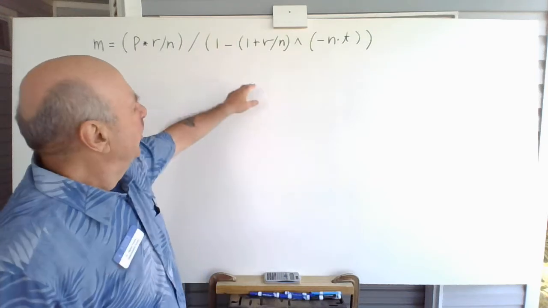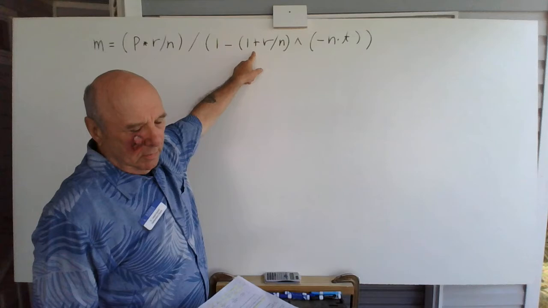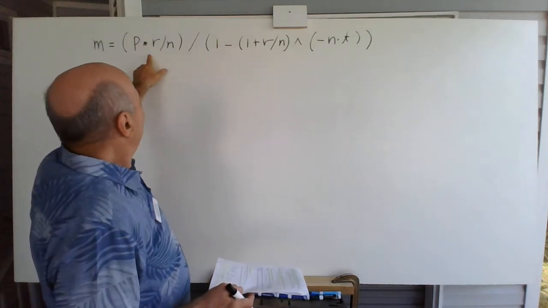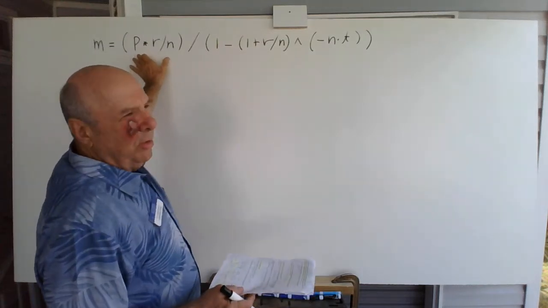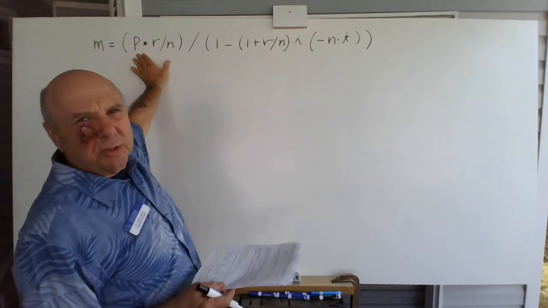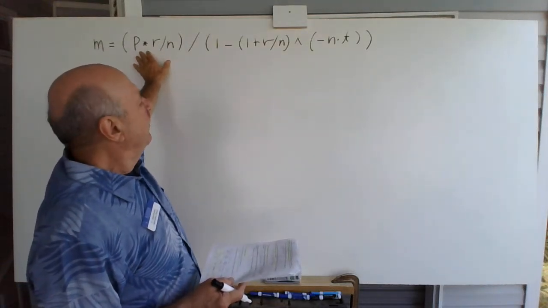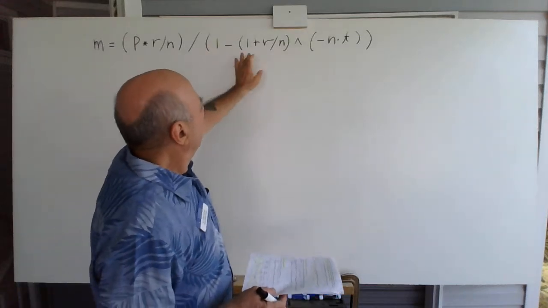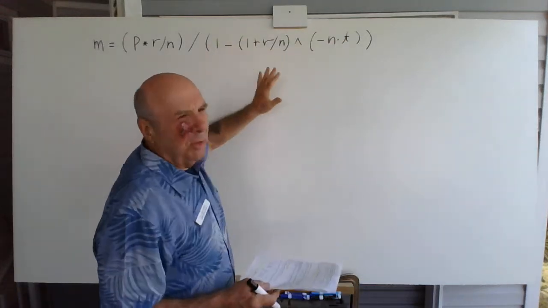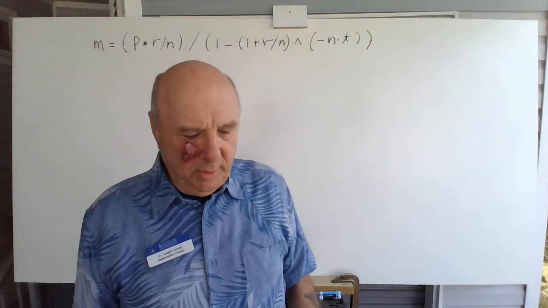So there's that 1 plus R over N. And then here, for the numerator, order of operations are okay because everything's multiplication and division, so long as you put them in like that. But here you're going to need the extra parentheses to fit the whole denominator that you see vertically.